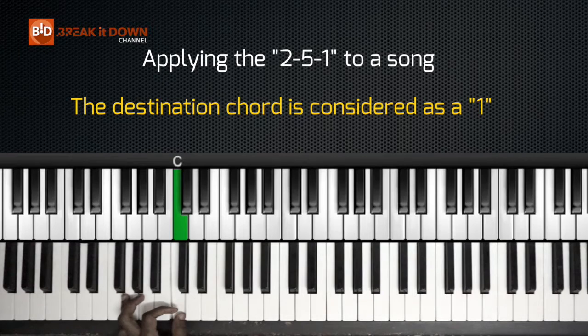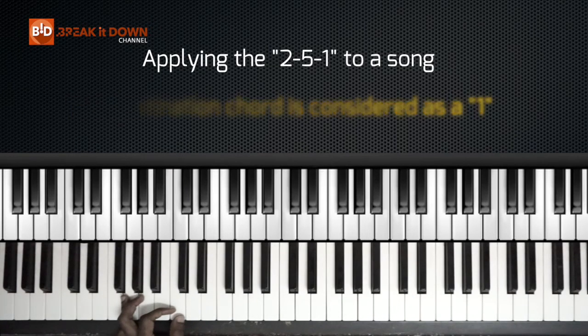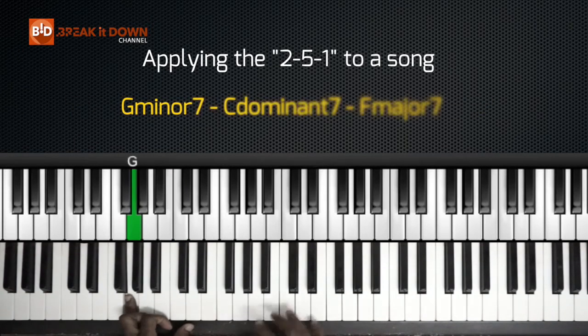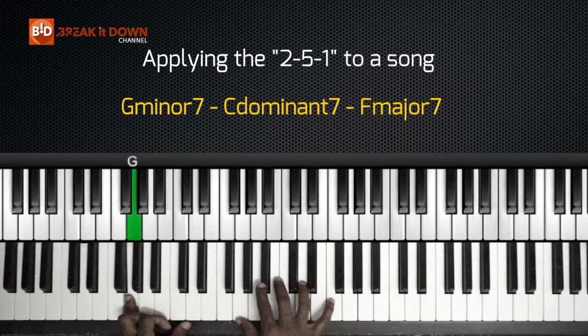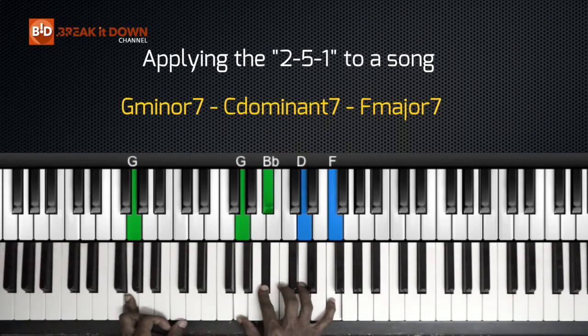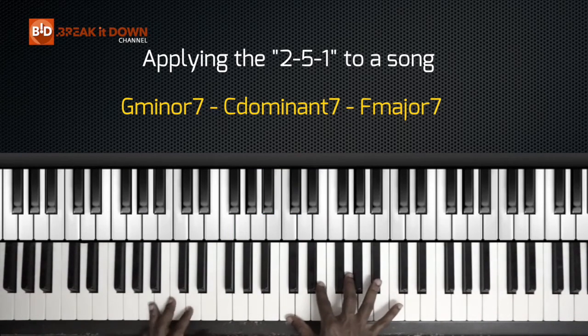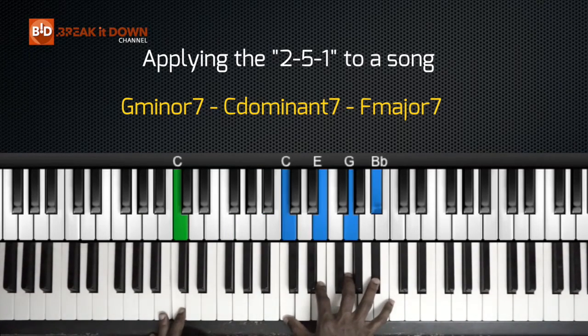On the 2, we already know we're supposed to play a minor 7, which is a G minor 7. On the 5, we're going to play the dominant 7, which is a C dominant 7. I'm going to invert this.